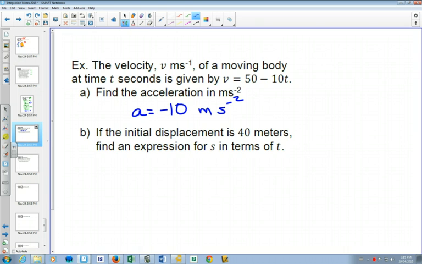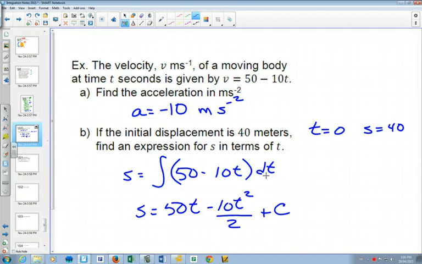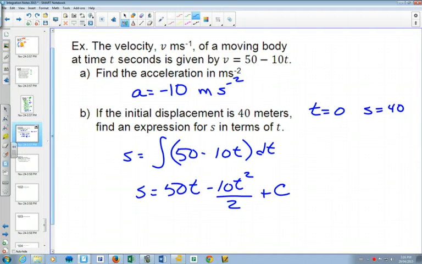Initial displacement means that when t equals 0, s is equal to 40. Find an expression of s in terms of t. So now s is going to be the integral. And when t equals 0, s is equal to 40, which implies that 40 is equal to c.